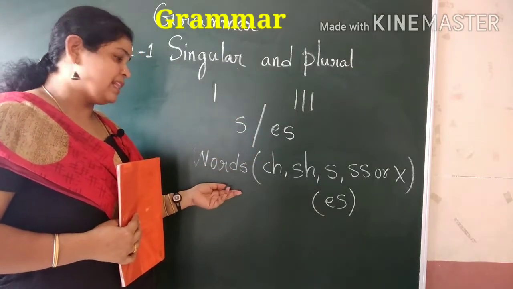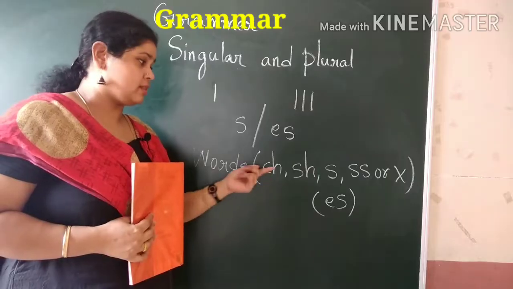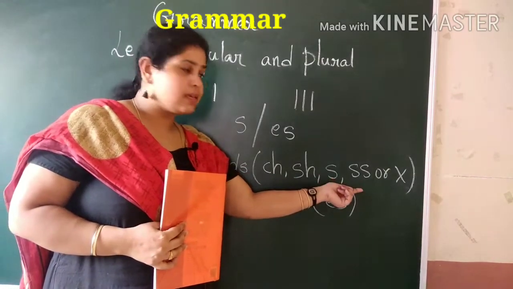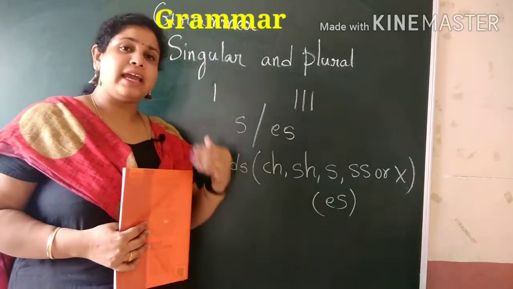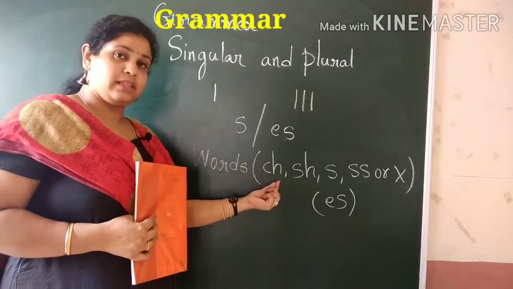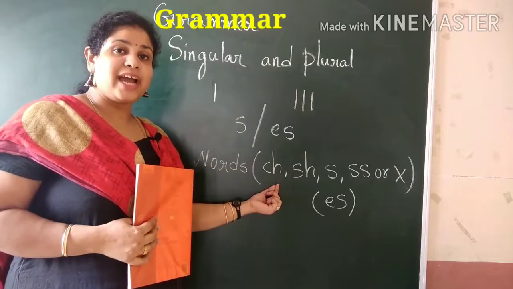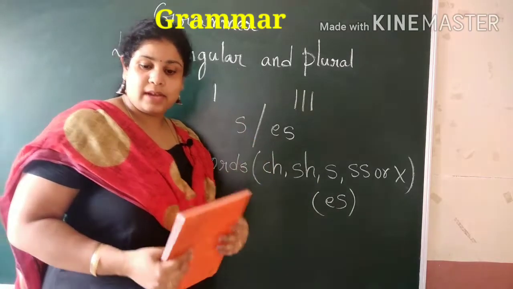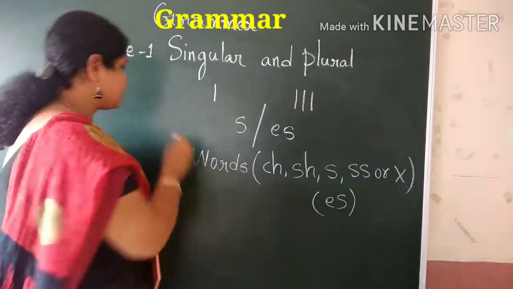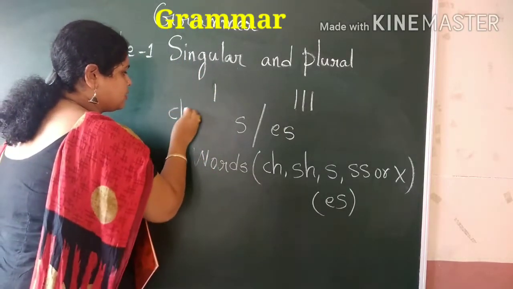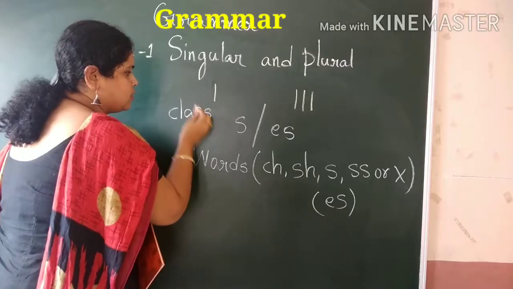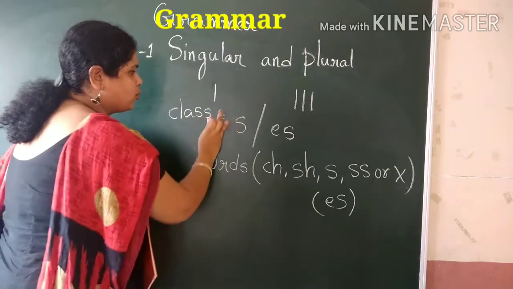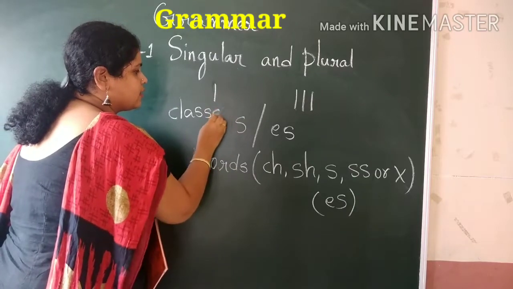So, for example, the words which are ending with CH, SH, S, SS or X. Any words which are ending with these letters, we should add ES, not S. For example, see. Class. You will add S? No. What you will add there?